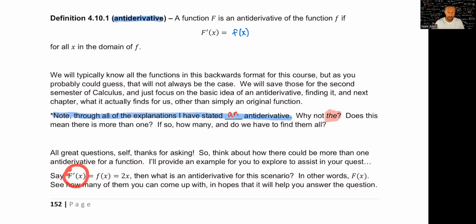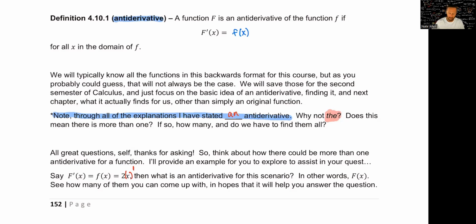So let's say we had a derivative function already. We'll call it little f of x. And let's say it's 2x. What would we have had prior in order to take the derivative and get that function of 2x? Think about that. Well, it appears to just be a power rule where they brought that power down and then subtracted 1.